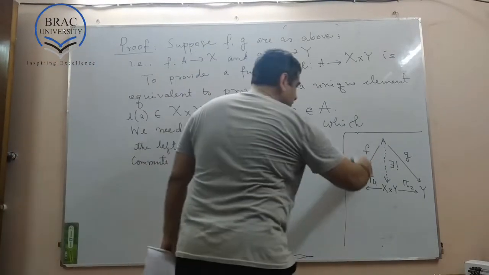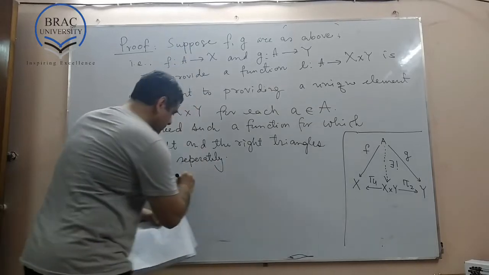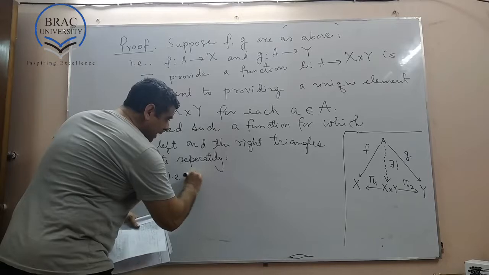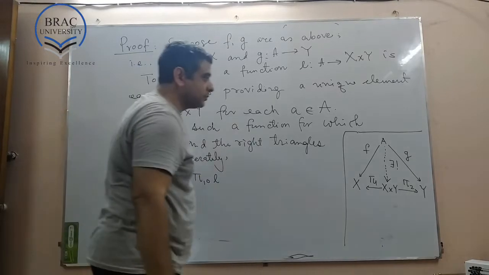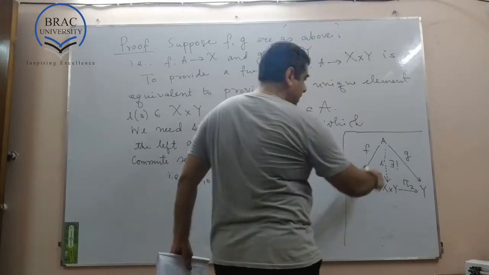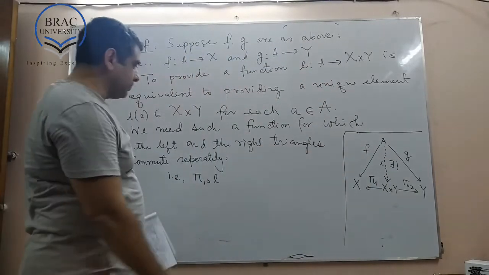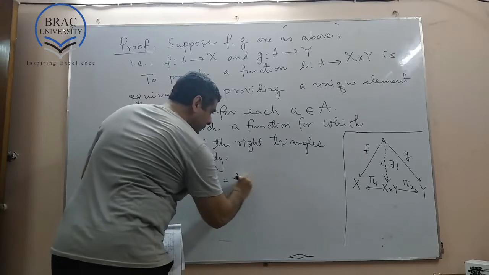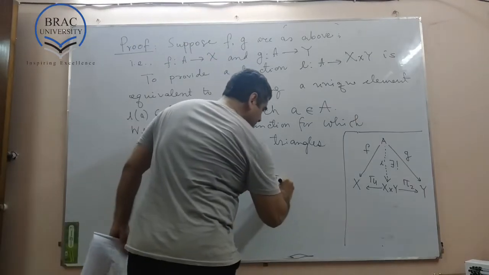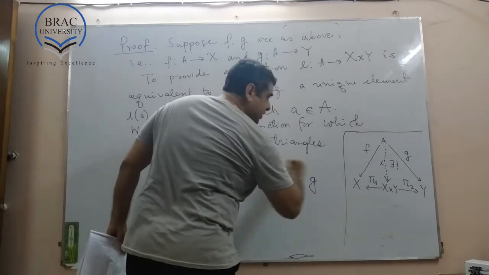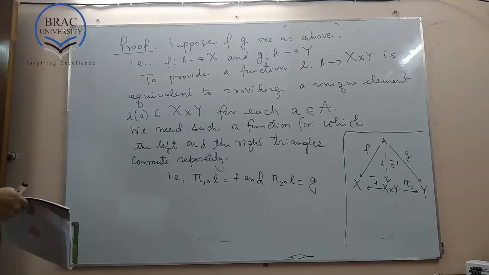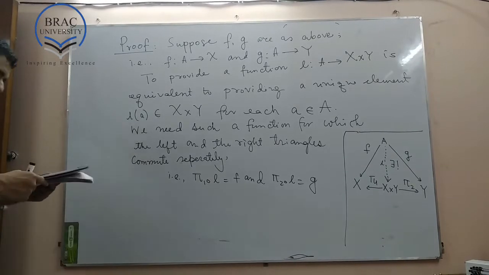So by the commutativity of the left triangle we have that pi1 composed with L, where we denote this dotted arrow by L, should be equal to F, and pi2 composed with L should be equal to G from the right hand triangle.